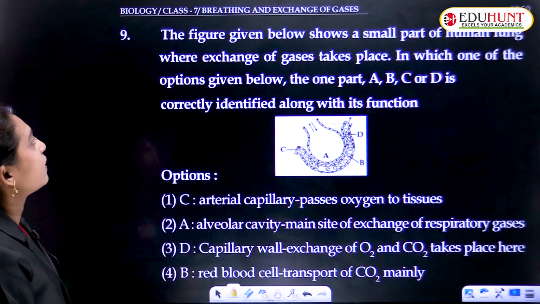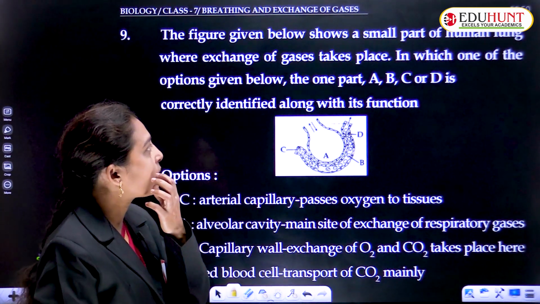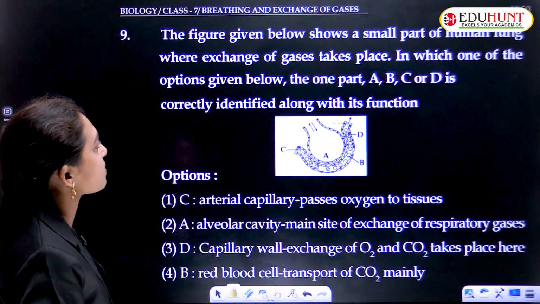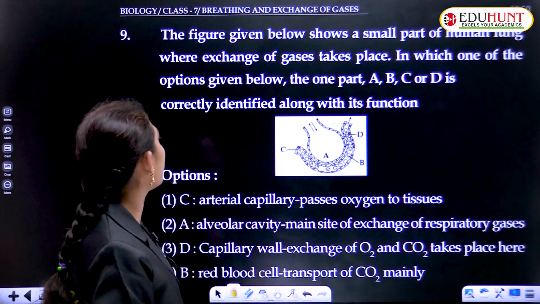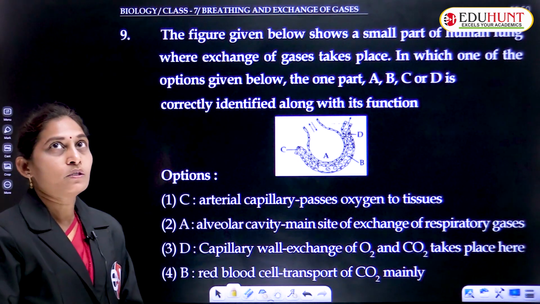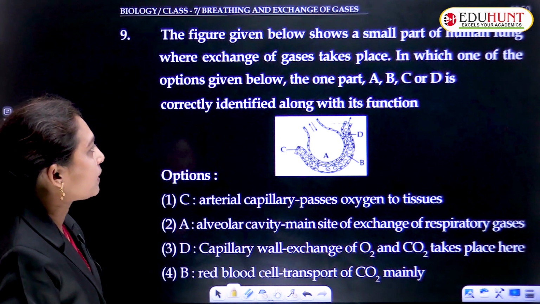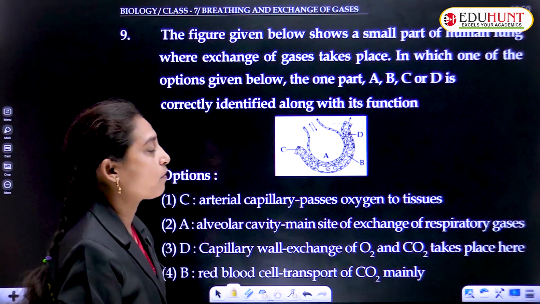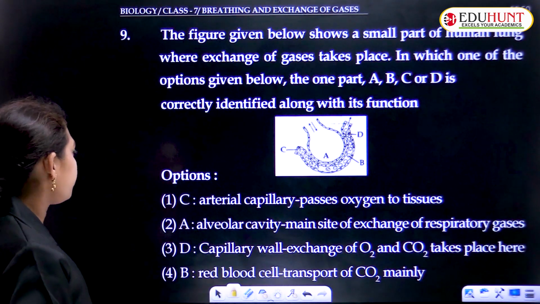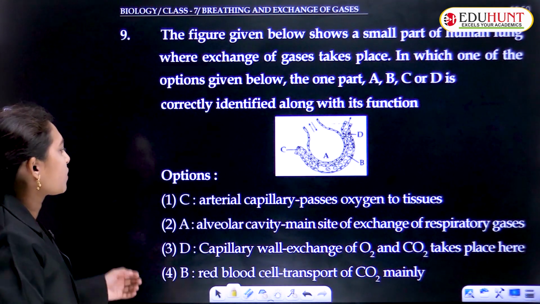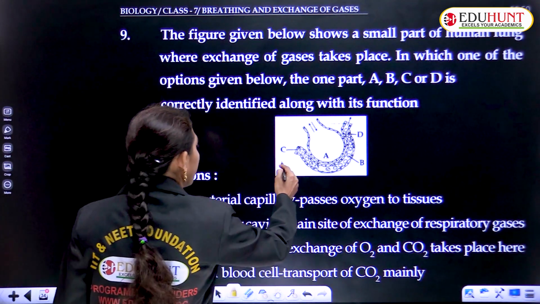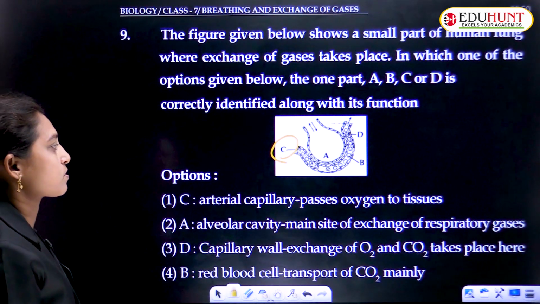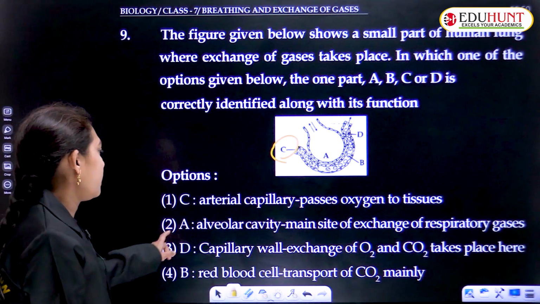The figure given below shows a small portion of human lung where exchange of gases takes place. In which one of the options given below is the part A, B, C or D correctly identified along with its function? Options are: C is the arterial capillary, passes oxygen to tissues.